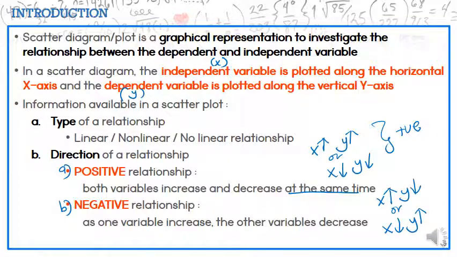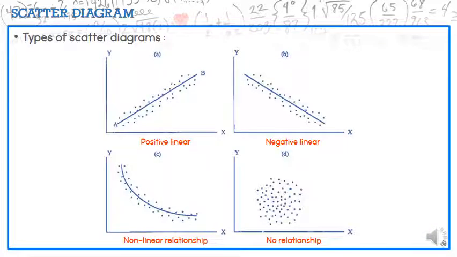Dia terbalik. This one is a negative relationship. So from a scatter plot, you can identify two things, the type and the direction of the relationship. These are a few examples of a scatter diagram.